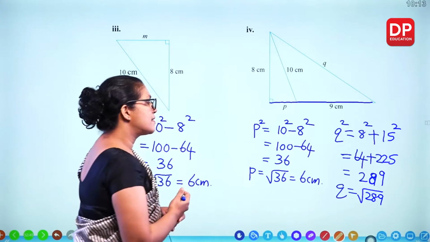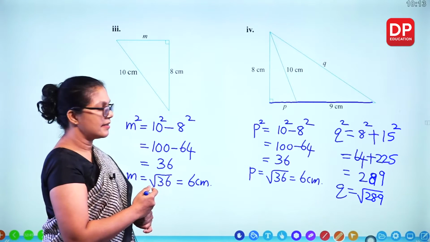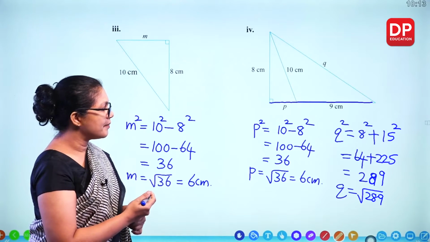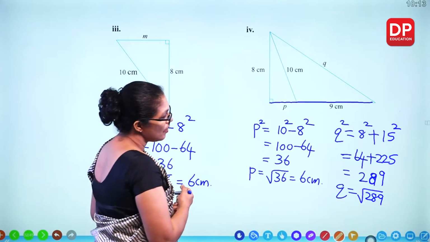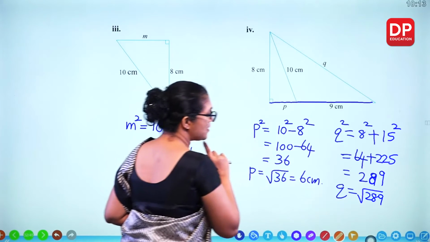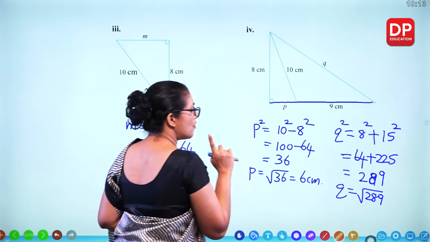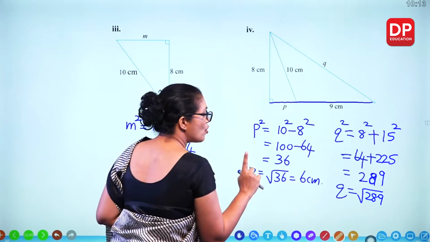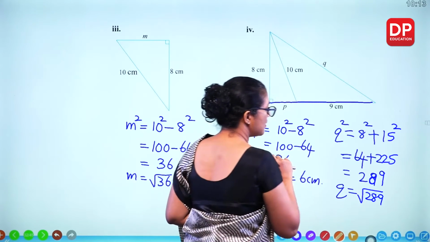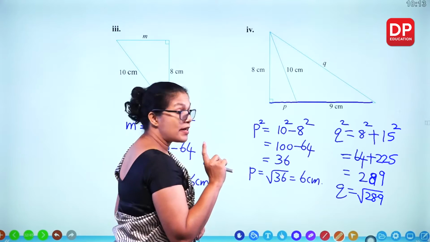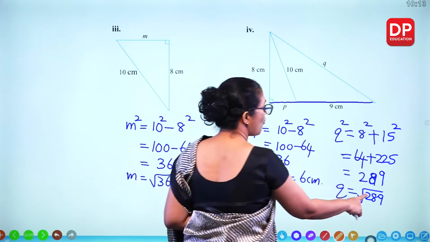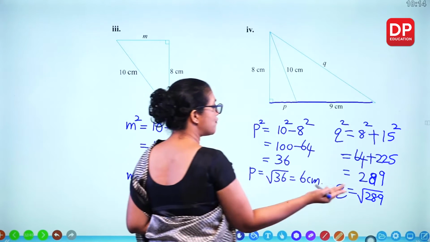What should be the last digit to get 9? 3 times 3, or 7 times 7. We know 225 is for 15, so it's more than 15.